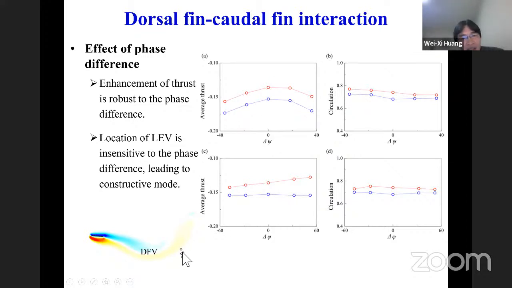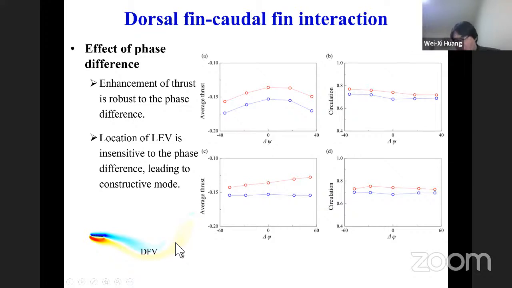At the leading edge of the caudal fin, the different cases have a similar position, because for different phase differences the flow field will adjust itself to induce the beneficial interaction. It's an interesting result.